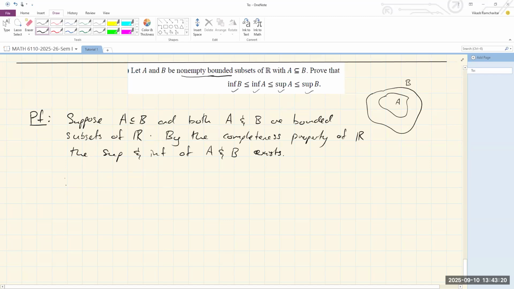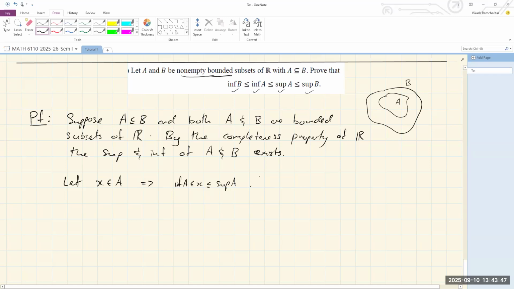So first, let me say if I let x be an element of A, then of course we know that x will lie between its lower bound and upper bound, but the infimum of A is the lower bound and the supremum of A is the upper bound. So in other words, of course, x will lie in between these two.